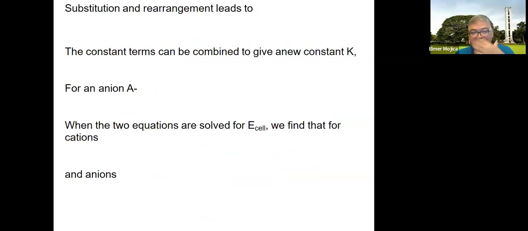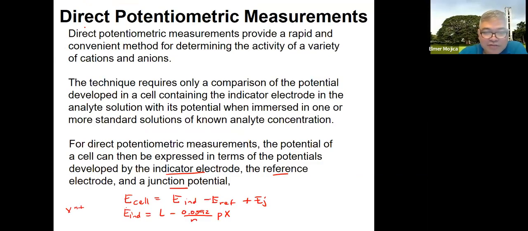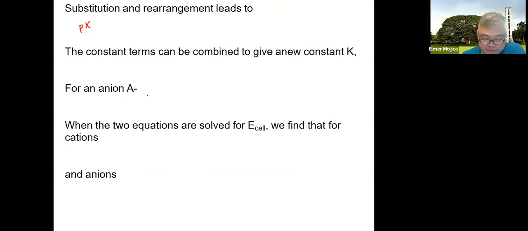If you look at the rearrangement here, substitution and rearrangement would lead to what? You have pX, following the one that we have here, equals negative log Ax, like pH equals negative log H+.